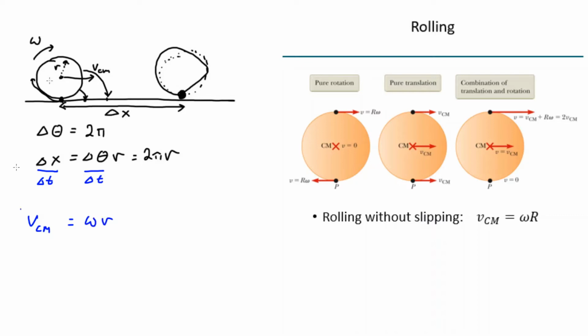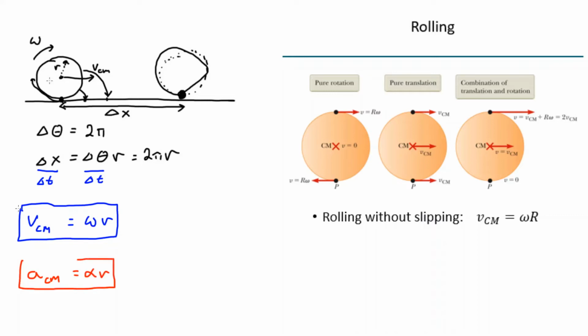So I get this relationship here. The velocity of the center of mass just equals the angular velocity omega times the radius of the wheel. I can take the derivative of both sides of this equation to get another relationship, which is that the acceleration of the center of mass equals alpha times the radius of the wheel.